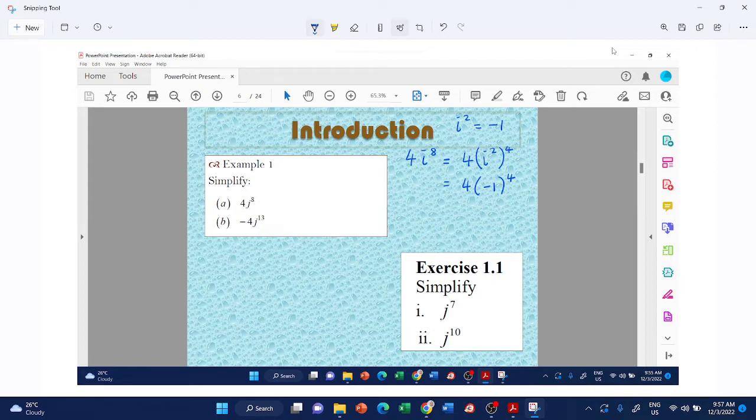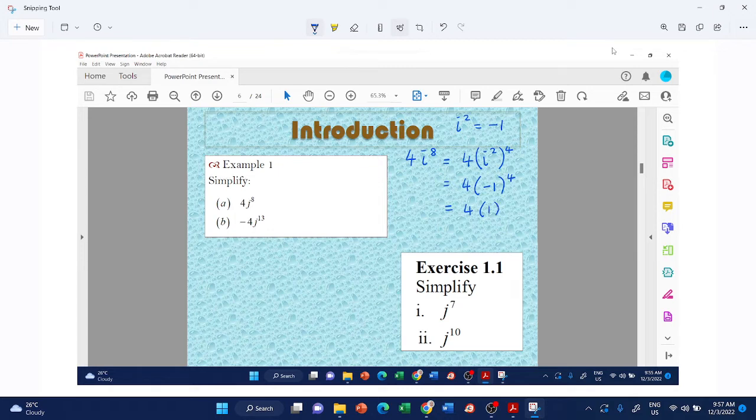Okay, can check from your calculator. Negative 1 power 4. Is it 1 or negative 1? Negative 1. Are you sure? Did you use bracket tak? You use bracket when you put in? I just use it's 1 actually.